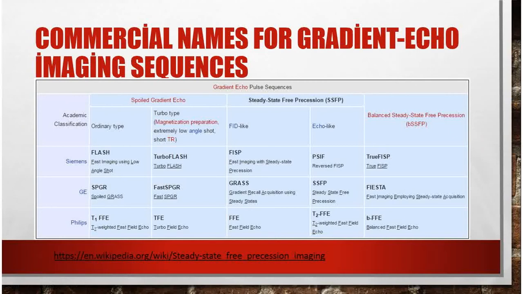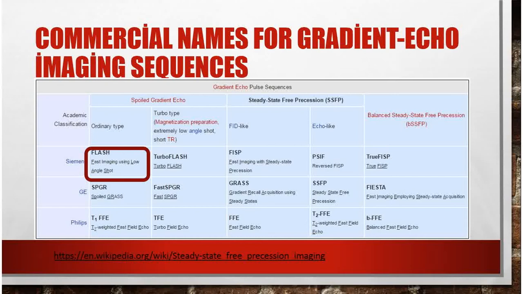So each brand uses almost the same sequence as flash, but they are using different names for it because of patent issues, etc. So what I'm telling is flash sequence, which is a sequence of Siemens, and GE has almost the same sequence called spoiled GRASS, and Philips has T1 weighted fast field echo.